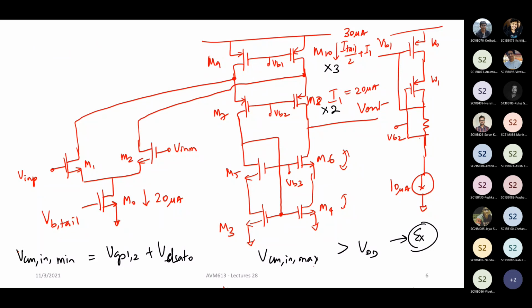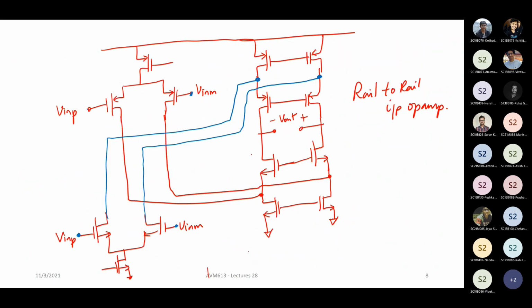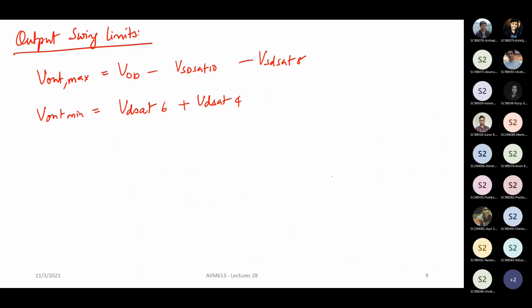Anyway, you will put VB2 and VB3 in such a way that you are giving just enough margin there. In other words, you have VDS of 10, VSD of 10, VD sat of 8, and here VDS of 4 with VD sat of 8.